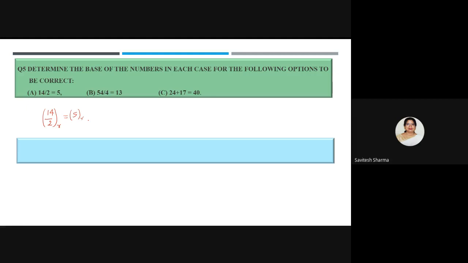So I assumed the radix is R. This equation is radix R. So I wrote R here.